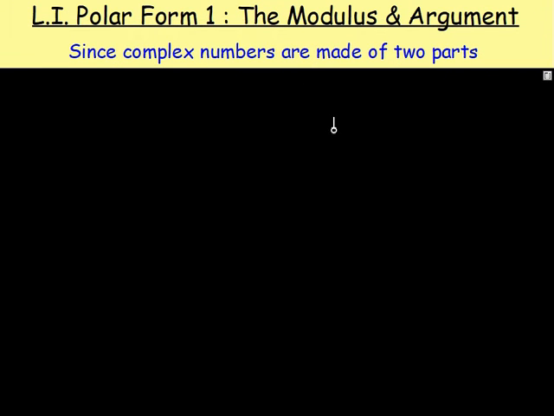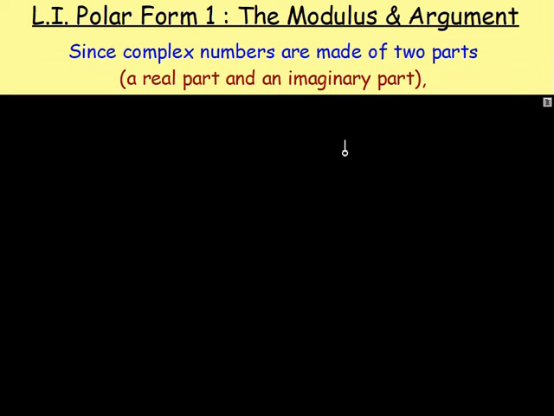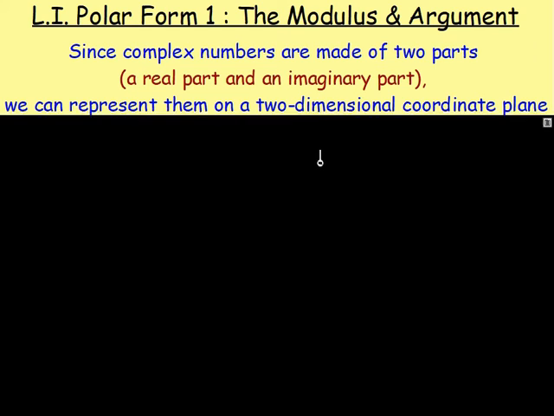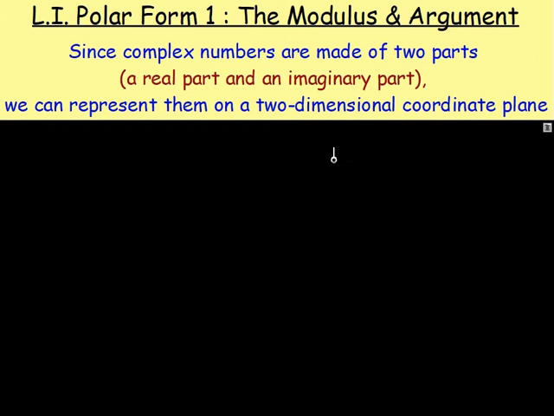So, let's imagine we have a complex number. Well, we know the complex numbers are made of two parts. There's a real part and an imaginary part. And we can represent complex numbers on a two-dimensional coordinate plane. So just imagine really your x-axis and your y-axis.